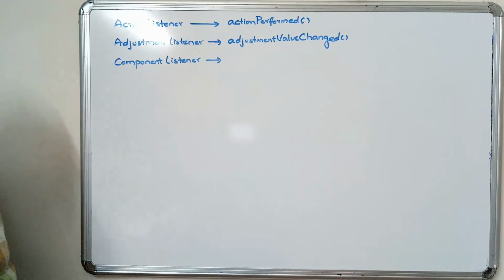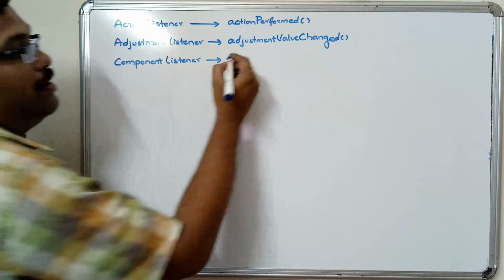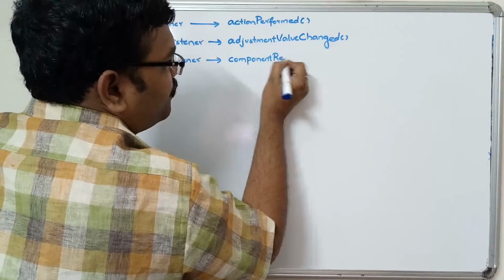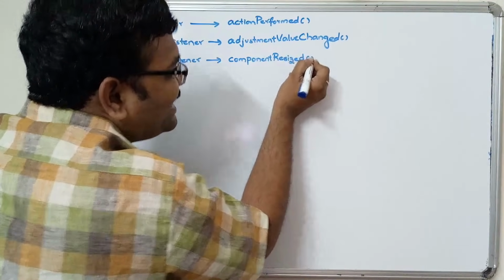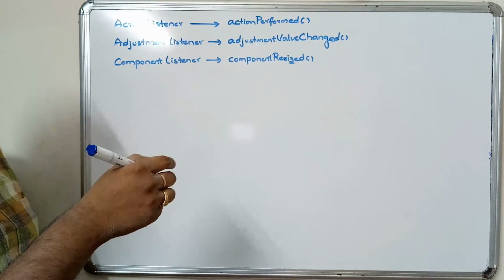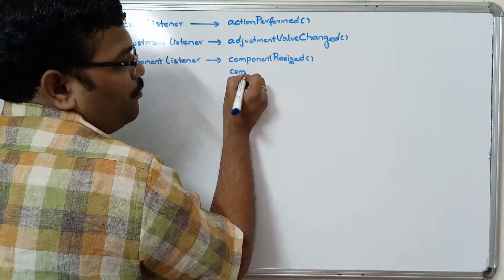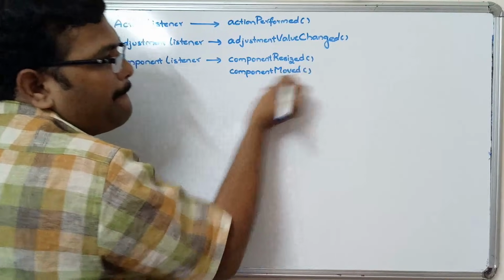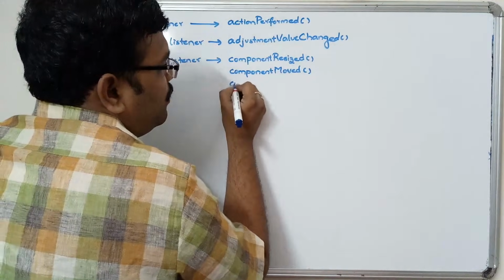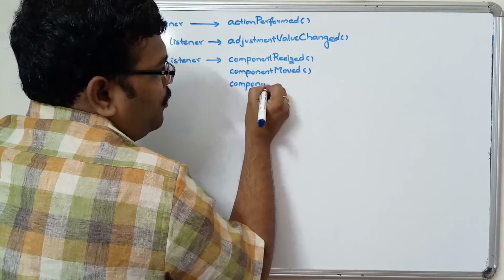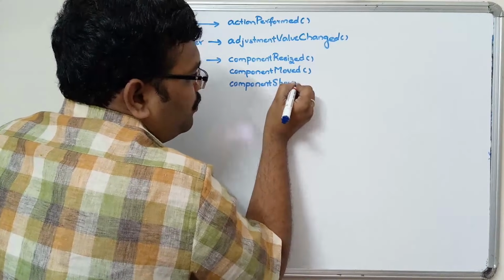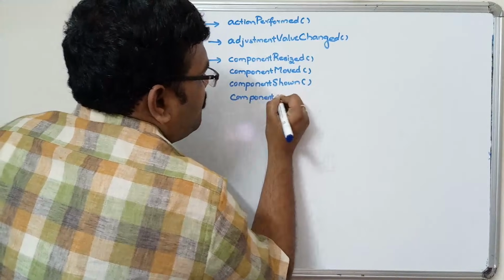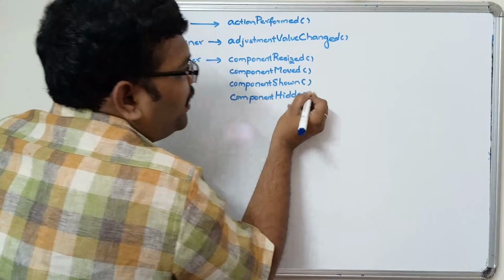Component listener. This has 4 methods: componentResized, componentMoved, componentShown, componentHidden.